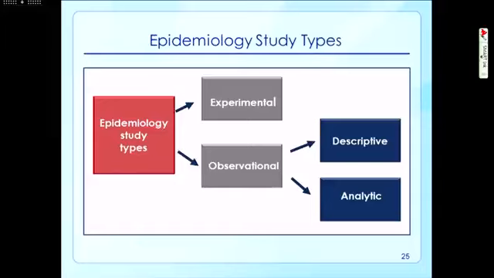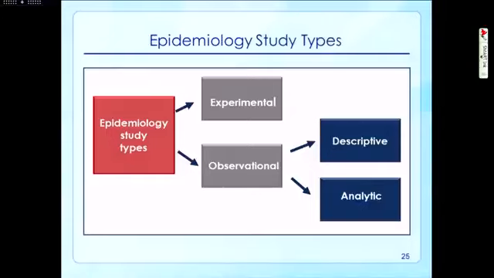In an observational study, in contrast, the epidemiologist does not control these circumstances, but can only observe what is happening or what has already happened. Observational studies can be further subdivided into descriptive and analytic studies. Descriptive epidemiology is the more basic of these categories and the stalwart of epidemiology practice.